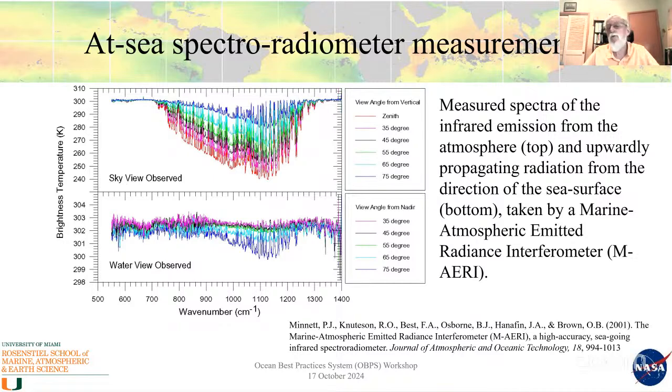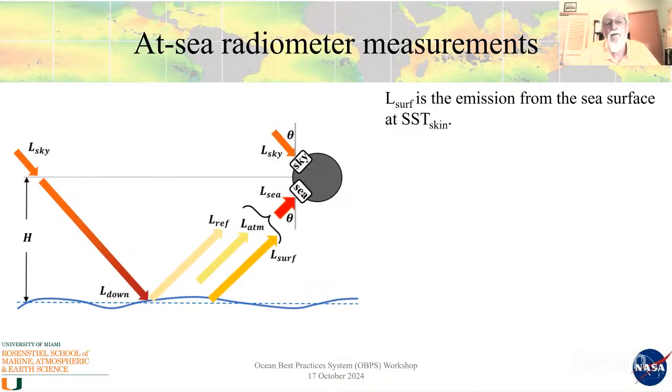So the general approach is that it is necessary to take a sky measurement at the same angle as a sea measurement in order to correct for this. And so this is how we do it. It's either with 2 radiometers or a single radiometer with a scan mirror.